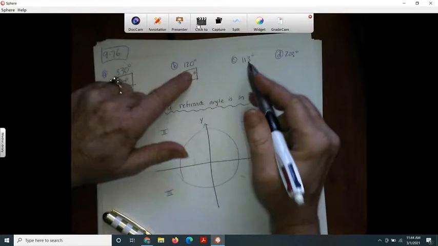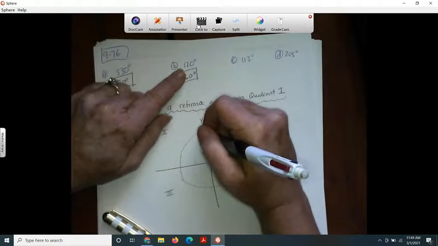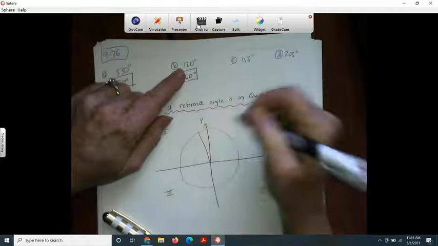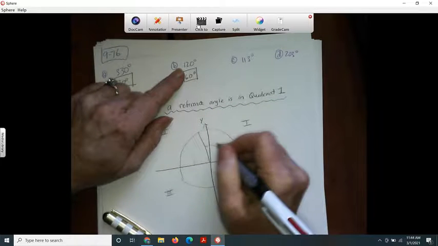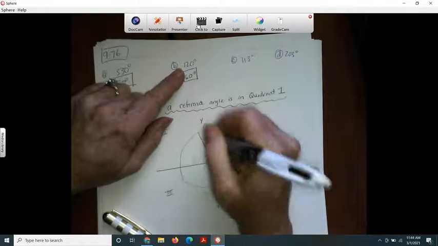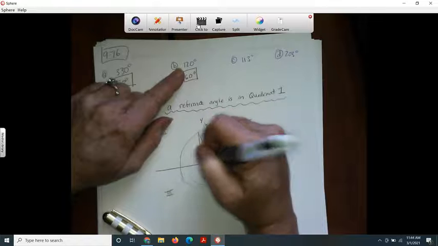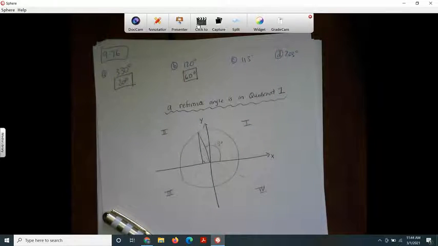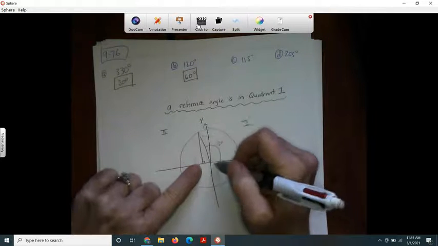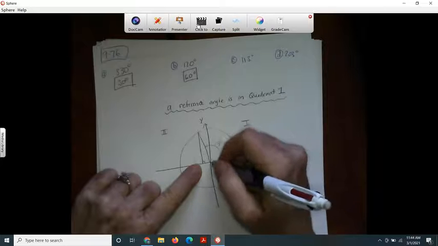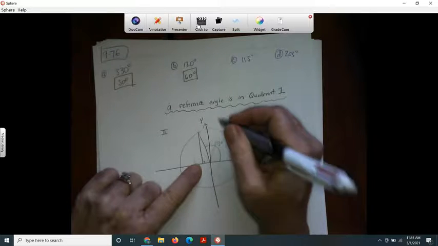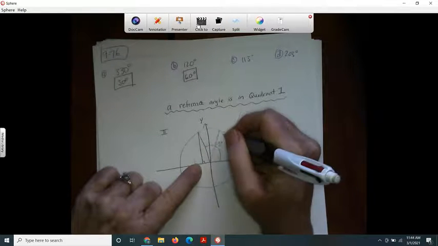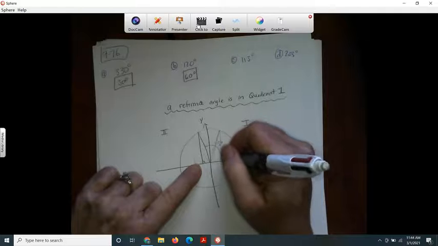113 degrees. And then we're going to draw a right triangle. And then we know that there's another right triangle on this side that is congruent to that right triangle. Okay, I know this is 113 degrees. I don't know what that little angle measure is.